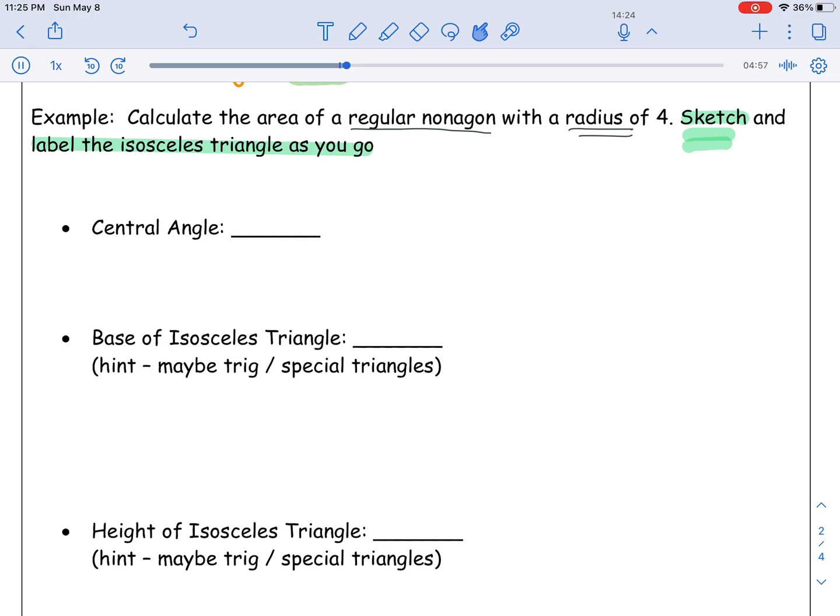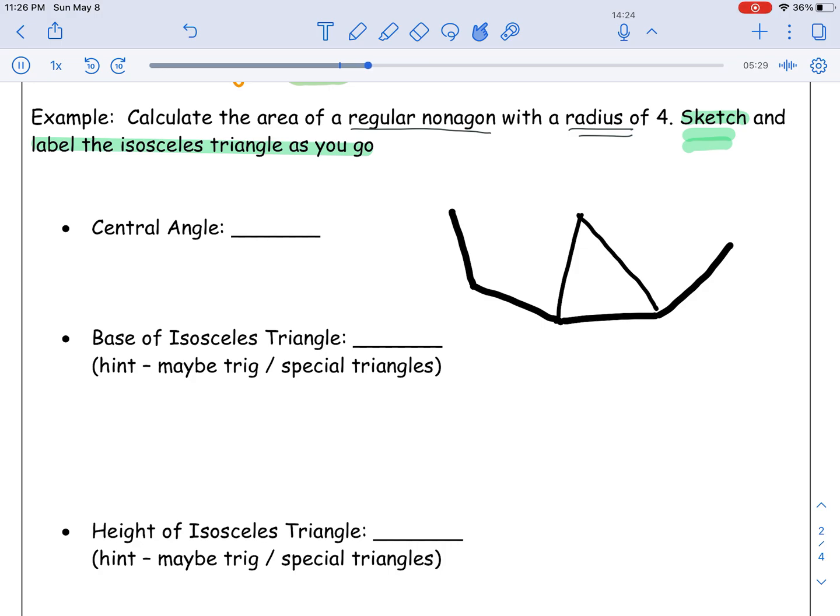I want to find the central angle. And if you're having trouble figuring out what your central angle is, remember that a nonagon has 1, 2, 3, 4, 5, 6, 7, 8, 9 sides. And when I think about those 9 sides, I'm not necessarily going to want to draw the entire thing. But what that tells me is that my central angles will total 9.